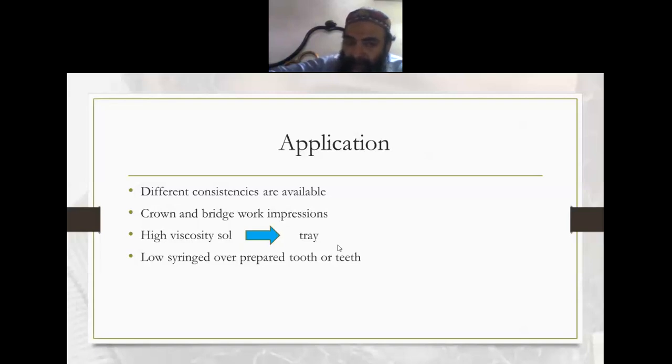In the copper ring technique we put the impression material, that is impression compound, into the copper tube, and then that tube was applied over the prepared tooth. But in this case, low viscosity material is syringed over the prepared tooth. The tooth was prepared, and a syringe filled with that agar material was applied over that tooth.